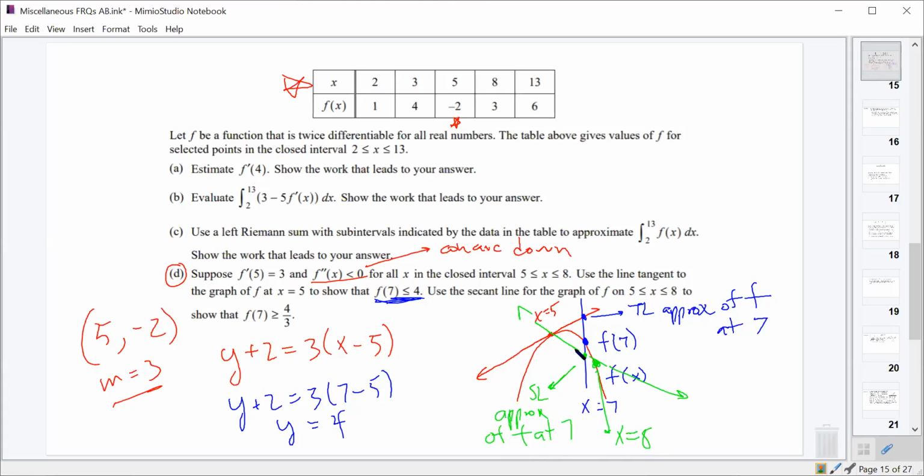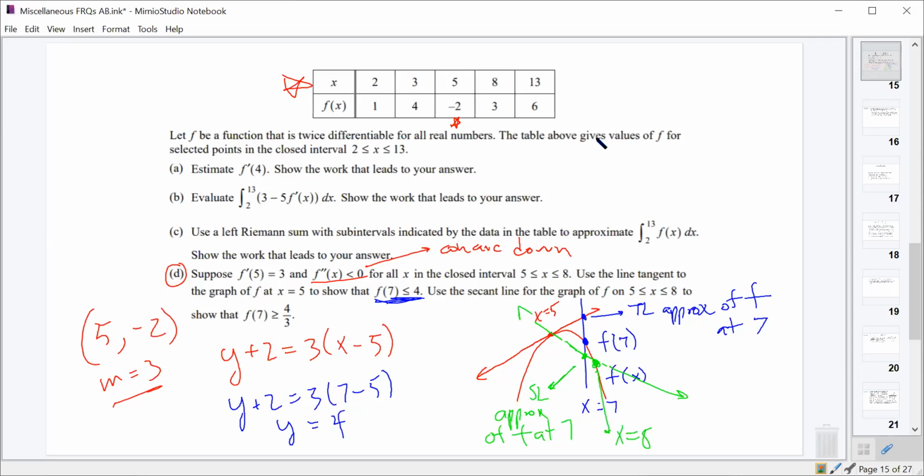What can you tell me about the secant line approximation anytime the function is concave down? Sure looks like it should be below the true value, right? So for a concave down function, the tangent line approximation is greater than the true value, which is greater than the secant line approximation.